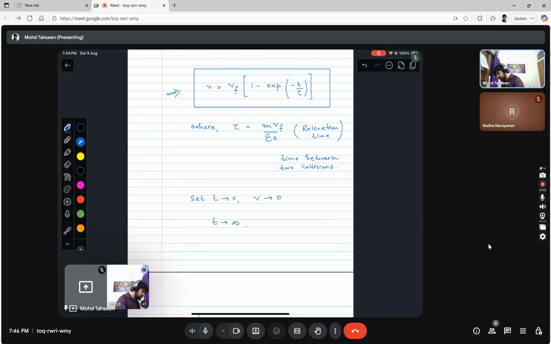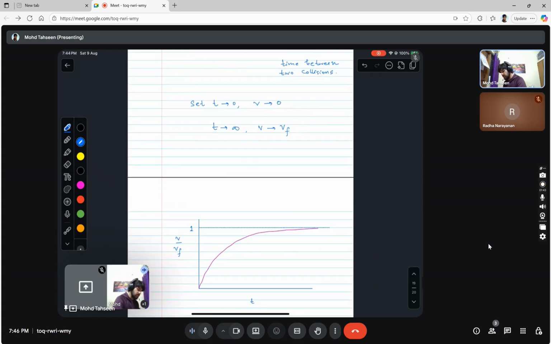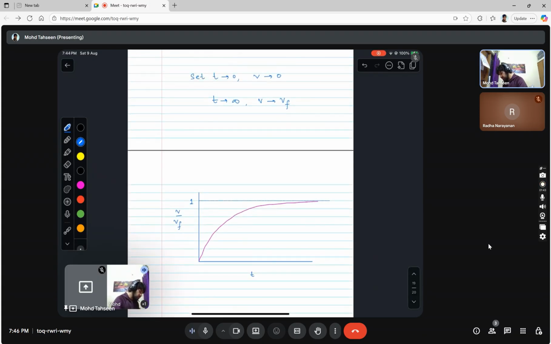So v is equal to vf. That is exactly what we have shown here. When t is 0, the velocity itself is 0, and when t tends to infinity, the velocity tends to vf, not to infinity. So this gamma term regularizes this equation.